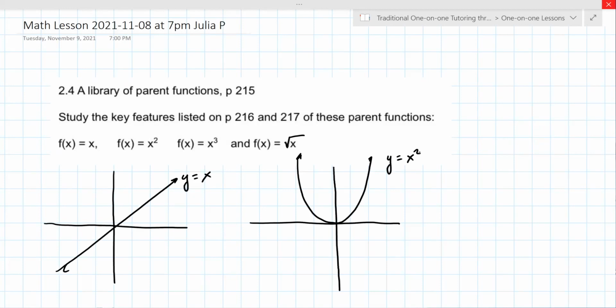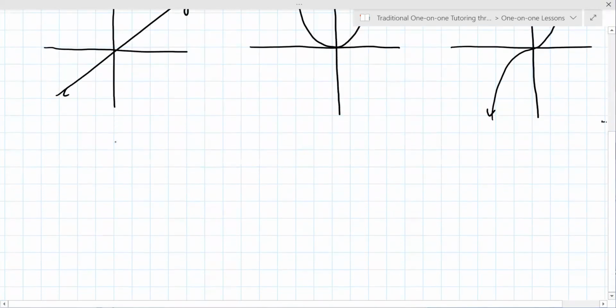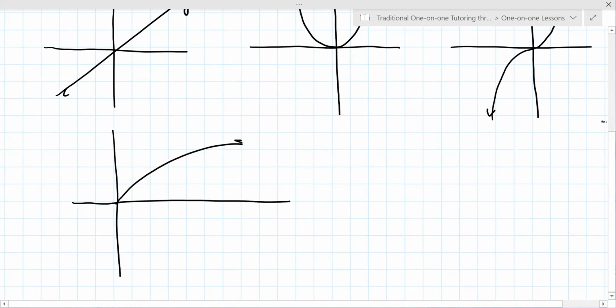This one's U-shaped, goes down and then goes up. X cubed, it's always increasing. And then square root x, it's kind of the odd one. It has a shape where it starts at 0 and goes off to the right there. So you have to know that so well that you can get up out of bed and be like, all right, I know exactly what these look like in the morning.